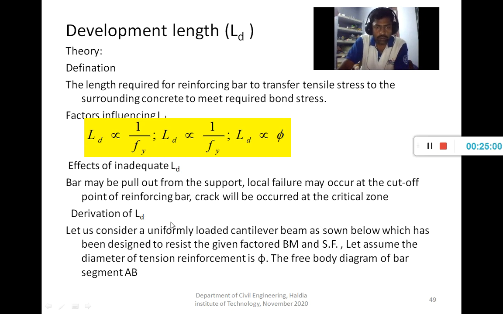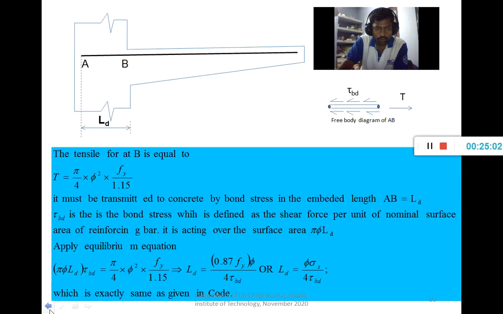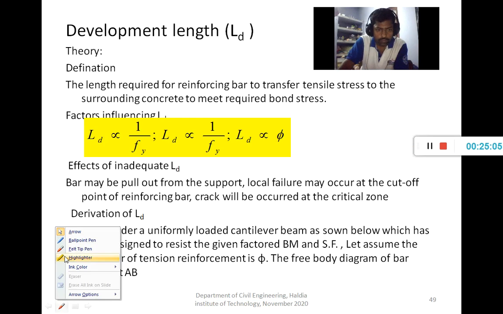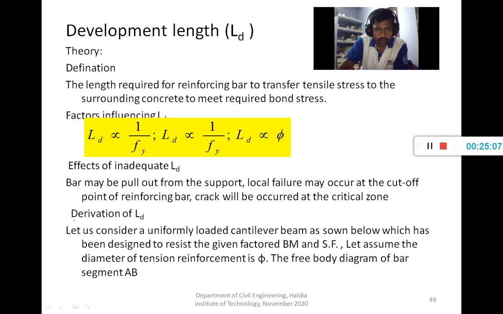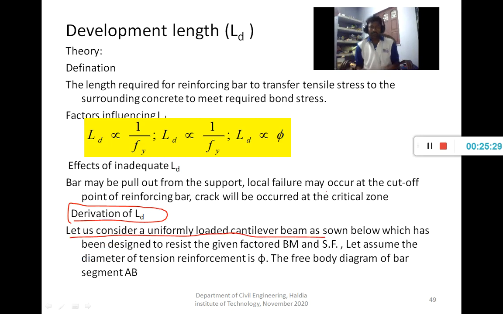Now the derivation of Ld. Although the code has given the formulae to find out the development length, now we want to derive the development length expression. Let us consider a uniformly loaded cantilever beam. In a cantilever beam, one end is fixed and the other end is free.